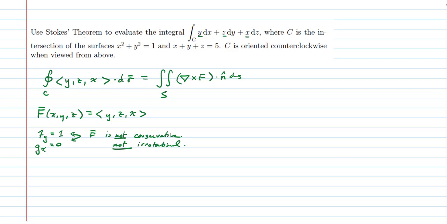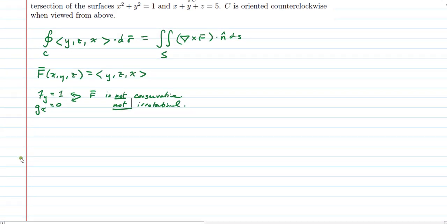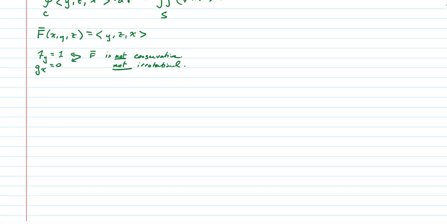So the next thing I'd like to do is let's do a quick sketch of our region. And so what we're told is that we've got the intersection of a plane and a cylinder. So you don't have to draw the picture here, but I'm going to. I think it's helpful.